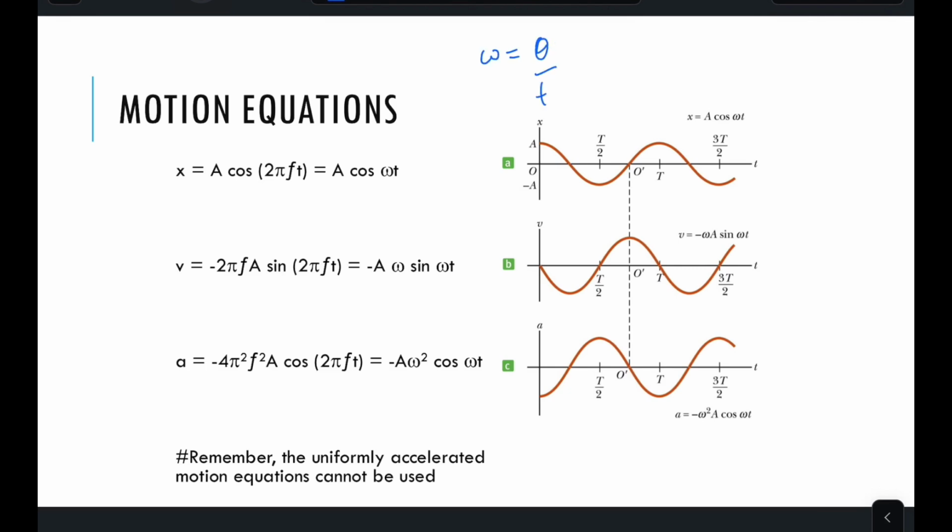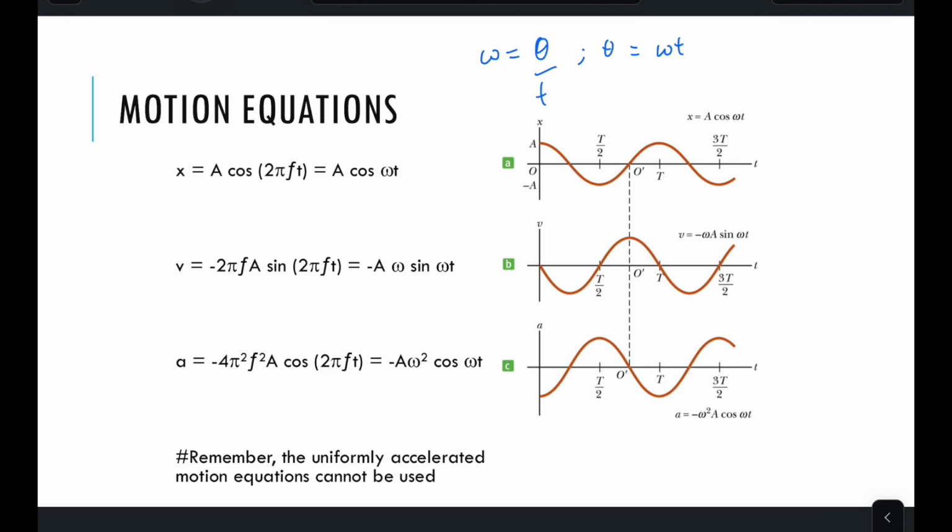Omega is theta over time, so theta is equivalent to omega t. Then to have v, omega comes in front. Cos becomes negative sine, and omega is brought forward, so we have negative A omega sine omega t.